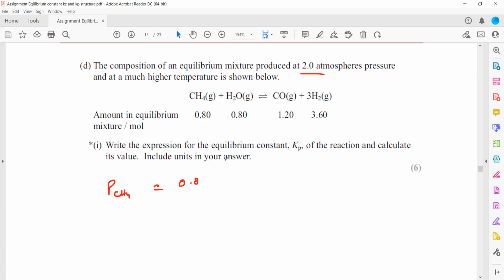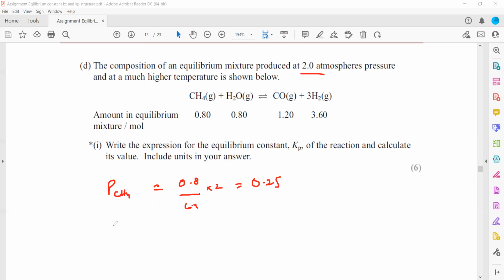So this will be 0.8 plus 0.8 plus 1.2 plus 3.6. So the total moles are 6.4. And then multiplied by the total pressure 2. So 0.8 multiplied by 2 divided by 6.4 will give us 0.25. So the pressure of methane is 0.25.